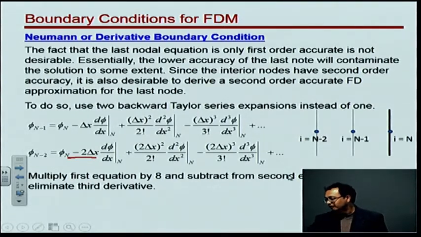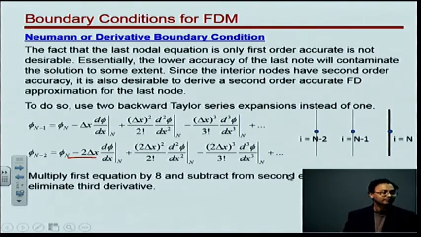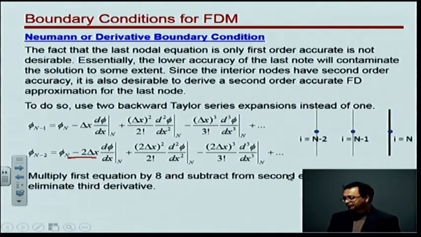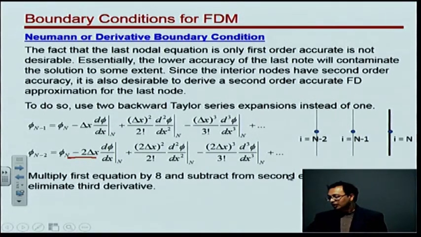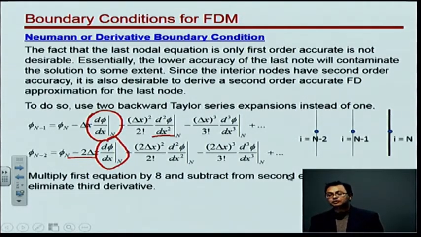So everywhere you see 2 delta x squared, 2 delta x cubed, and so on. Of course, we are trying to derive the second derivative. This term, we are going to plug in the boundary condition, so that's equal to c, d phi dx at n, so we don't have to worry about that.